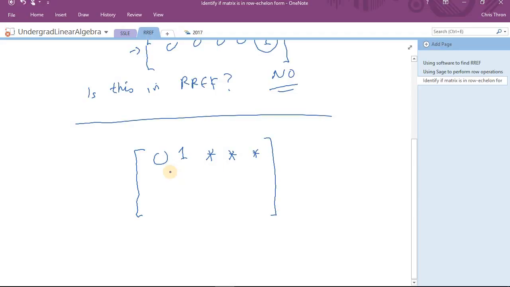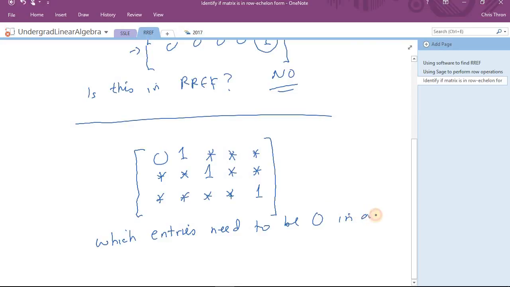And then here I'm going to have star, star, 1, star, star, and then here I'm going to have star, star, star, star, 1. Okay. Now my question is, which entries need to be 0 in order to have RREF?